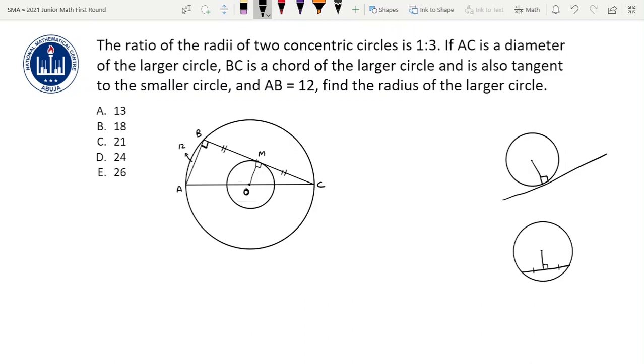Since we have this, you can now observe that we have two similar triangles here. Triangle OMC is similar to triangle ABC.